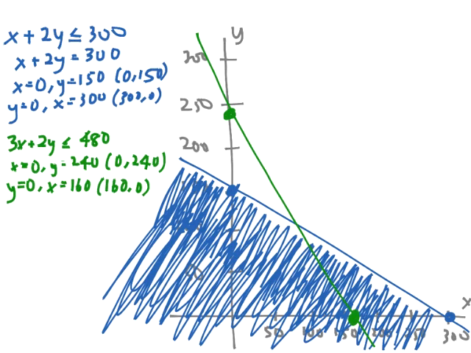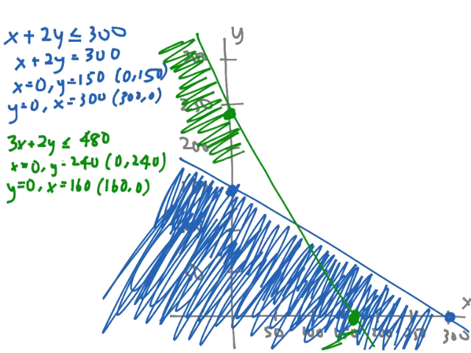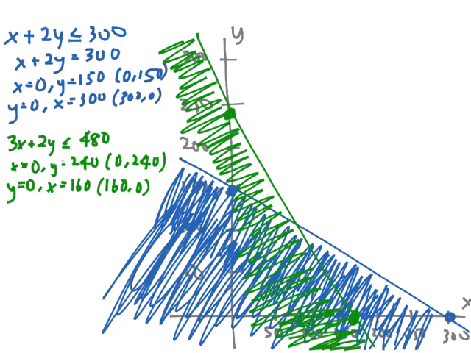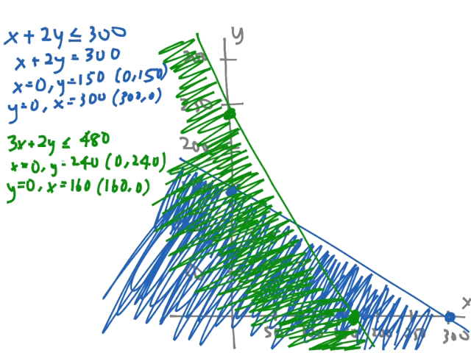So the right side of the green line is not fulfilling the inequality, meaning that the left side of the green line will be the one fulfilling it. Okay, that is for the second inequality.